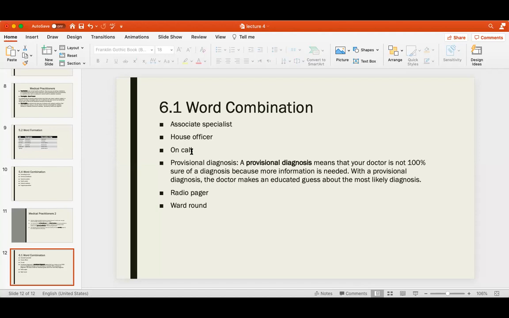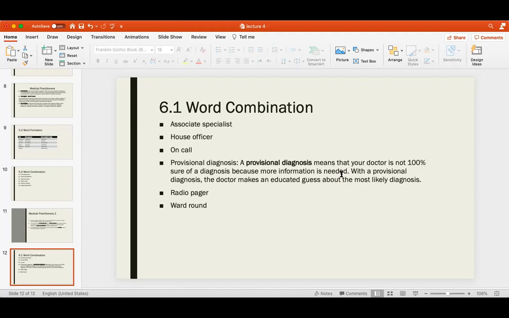On call, provisional diagnosis. A provisional diagnosis means that a doctor is not 100% sure of a diagnosis, but more information is needed. So when the doctor sees a patient, they make a guess about the diagnosis of what this patient suffers from.